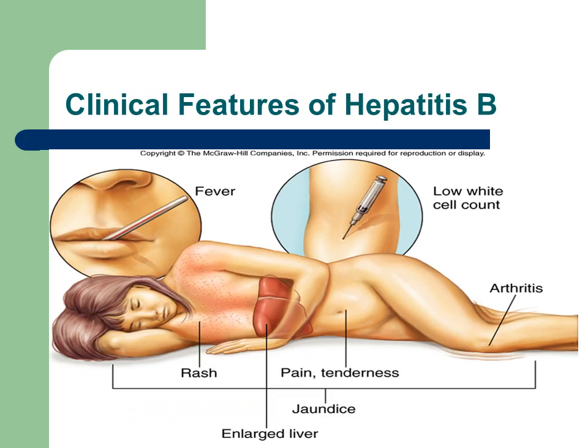So clinical features of individuals with hepatitis B tend to be fever, you can get a rash, pain and tenderness in the liver, in the abdomen region, jaundice, yellowing of the skin, whites of the eyes, a low white cell count. You can have pain in the joints.